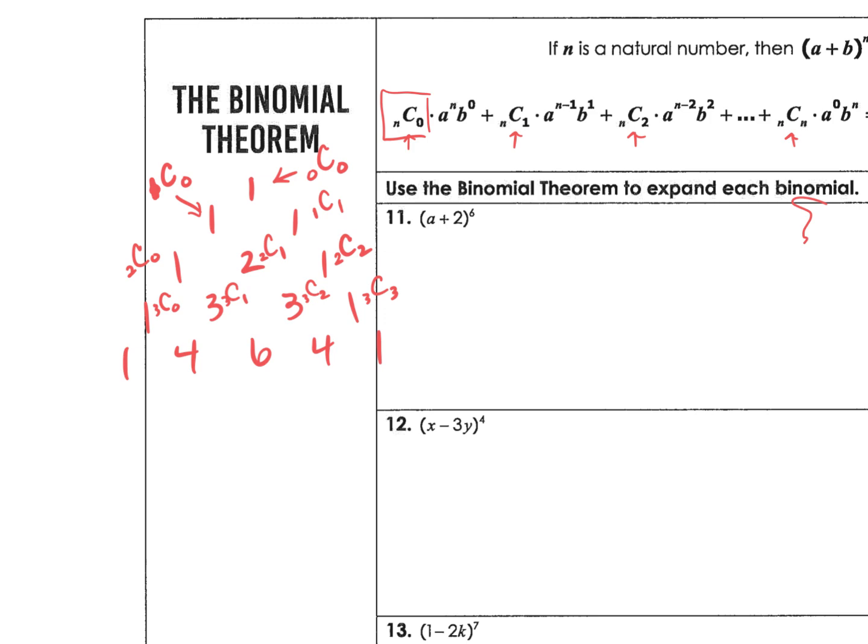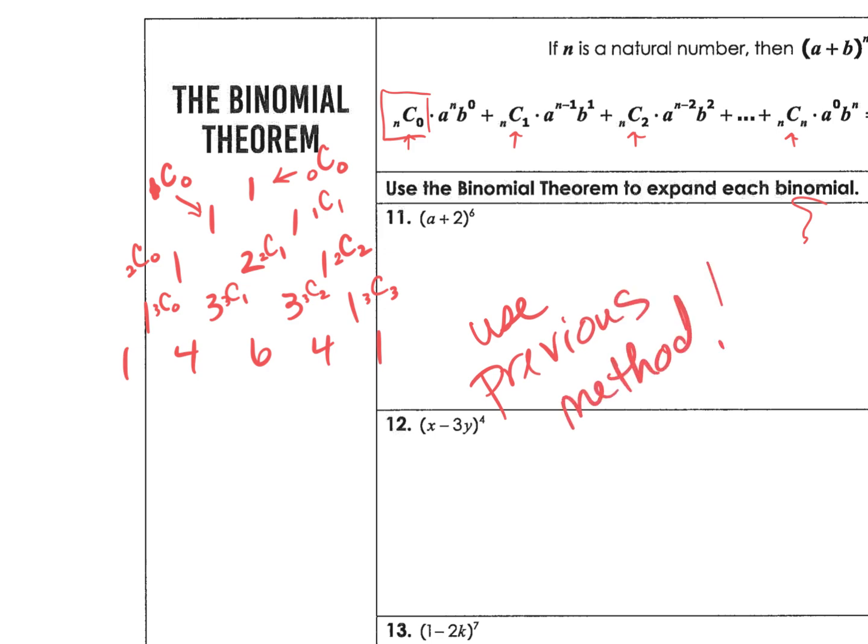Okay? Does everybody get that? So does anybody have any questions about how we do these? Use Pascal's triangle. You don't have to use binomial theorem.